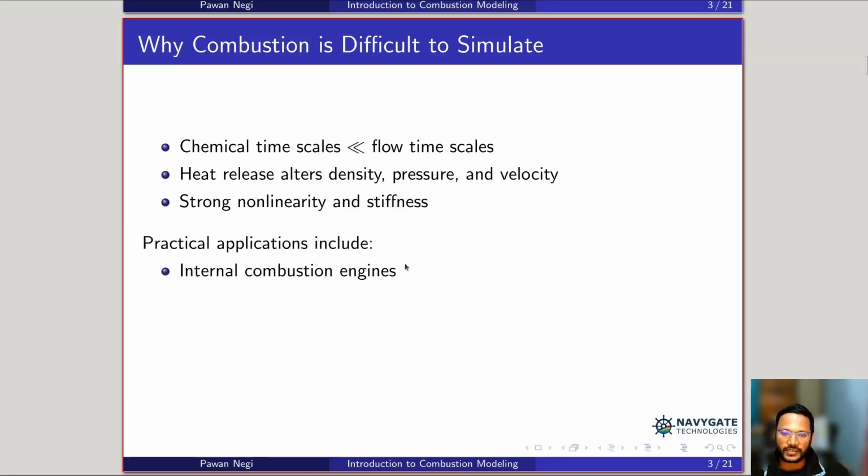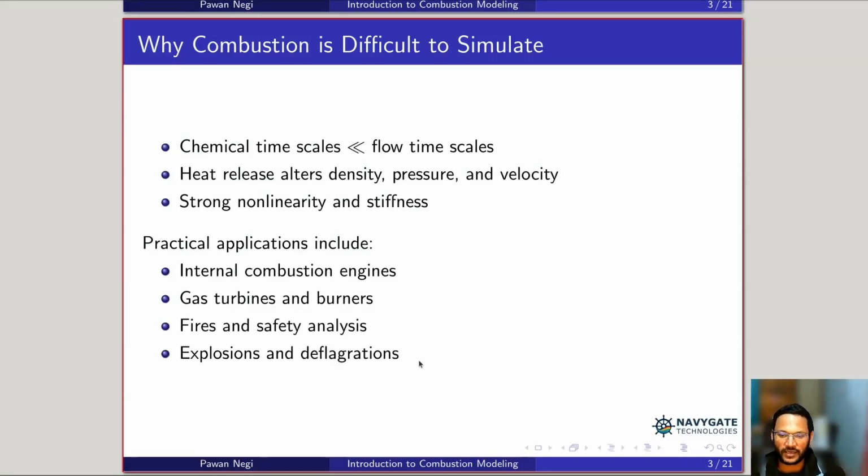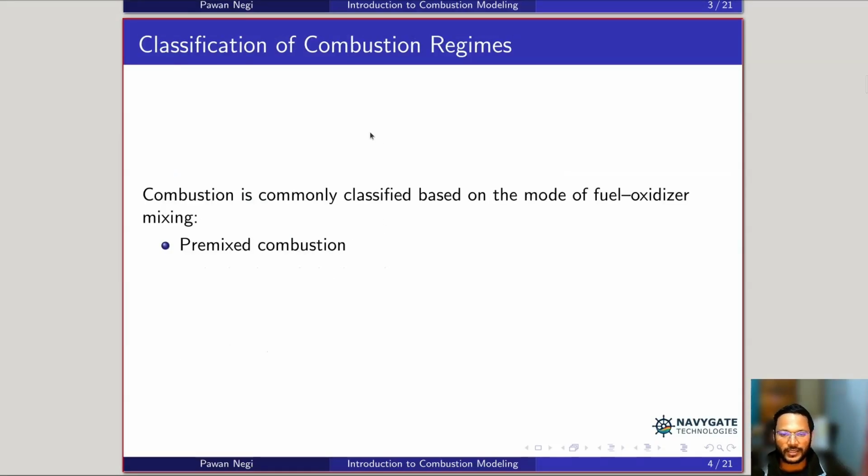The practical applications include internal combustion engines, gas turbines and burners, fires and safety analysis, and explosions and deflagration. We can classify combustion in two regimes. The first one is premixed combustion, where we assume that a certain region has a premixed mixture of fuel and other species, and then we are just interested in how the flame propagates from an unburned region to a burnt region.